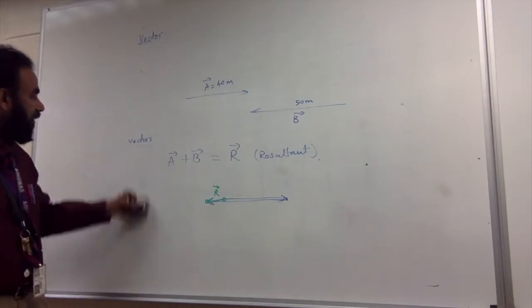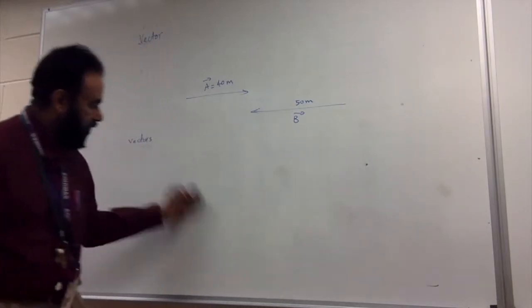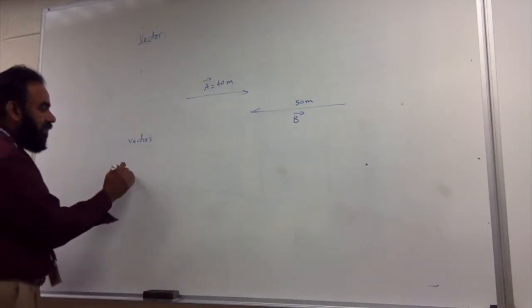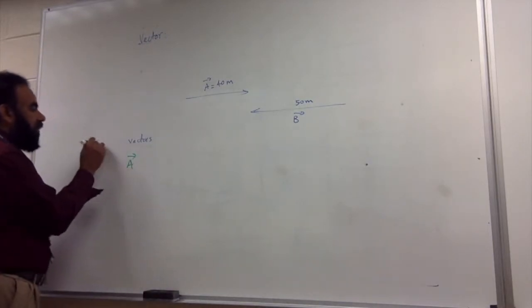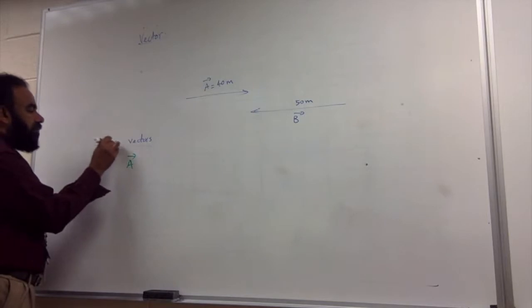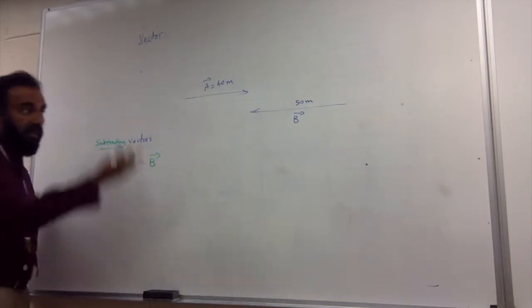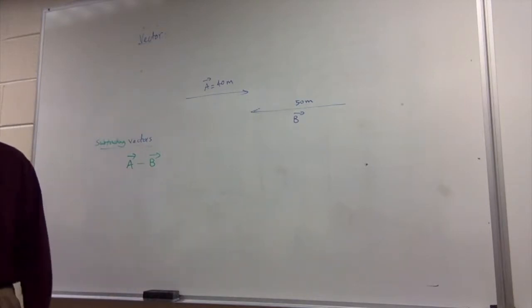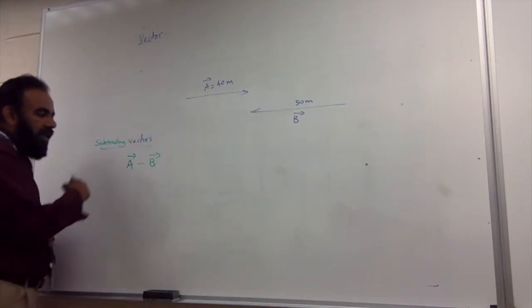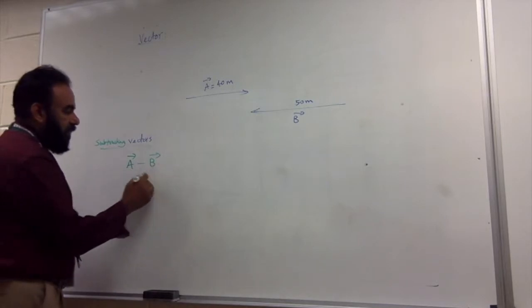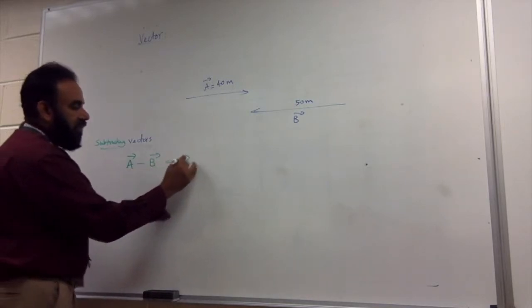You can also subtract vectors. What is A minus B? Let's take the same A and the same B. A minus B is supposed to give you the resultant.